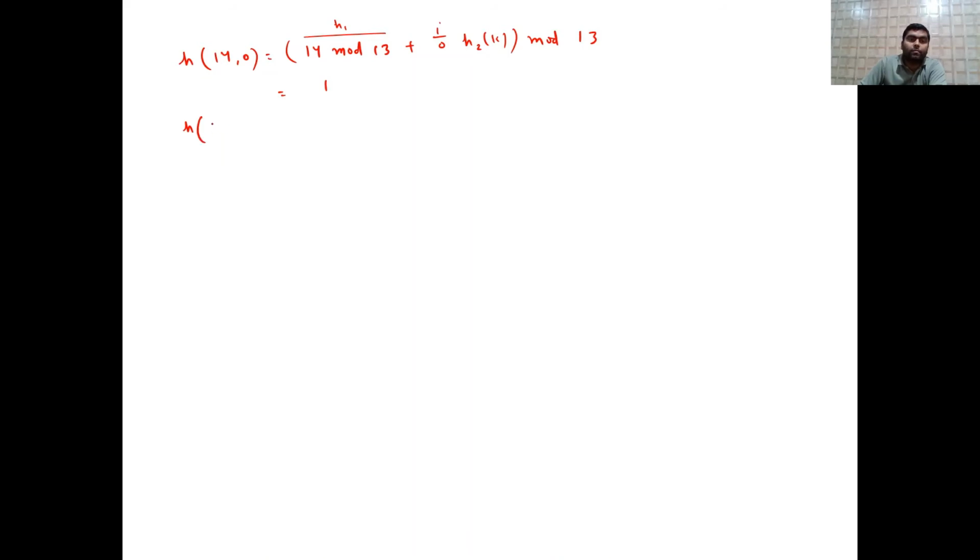So again 14 comma 1. Okay, so this one is the case of 1, so there is a failure. Now 14 comma 1. So what is h1? H1 is key is 14, 14 mod 13. So this is h1. So now we have to write h2 also, because the i is 1, it will be multiplied. So now h2.